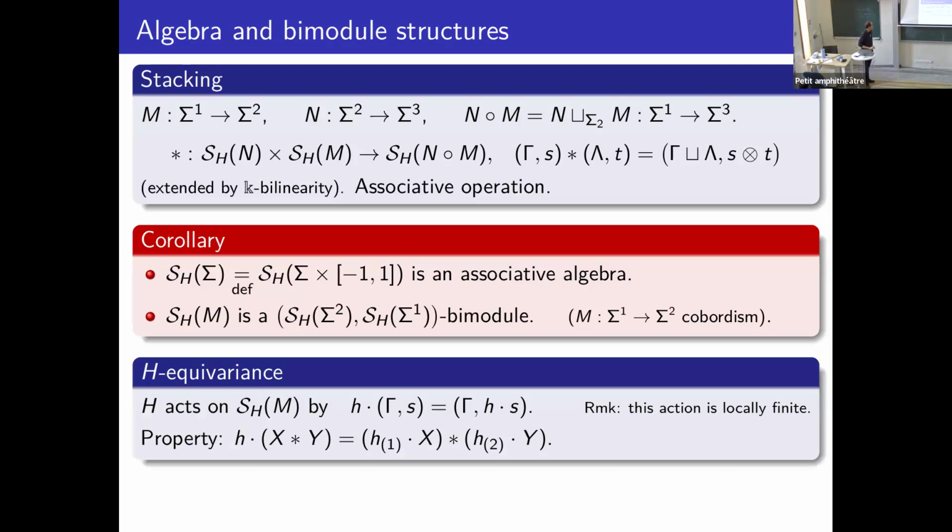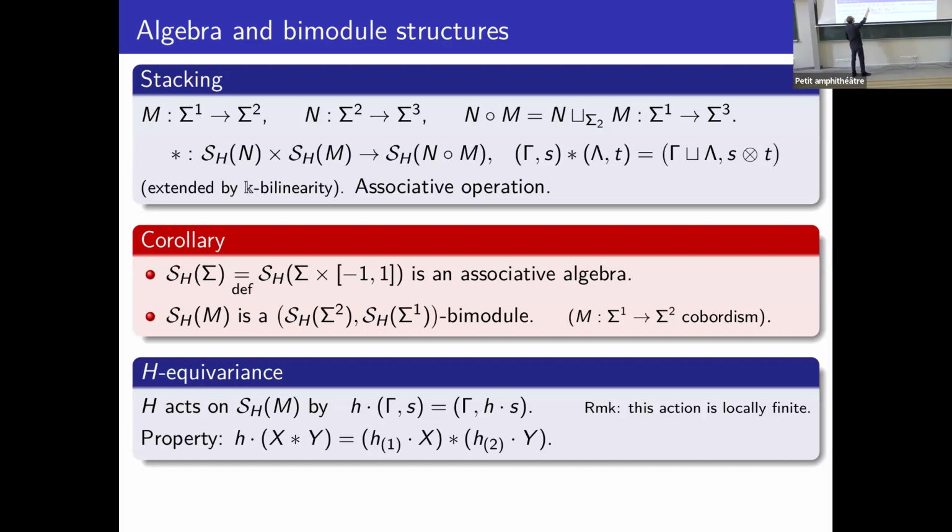Moreover, you have H-equivariance, because H acts on states, since we say states are elements of an H module. When you have two H modules, their tensor product is again an H module, and the dual is also an H module. So since the states belong to a tensor product of H modules and their duals, a state is again an element of an H module, and then you can act on states. This makes sense.